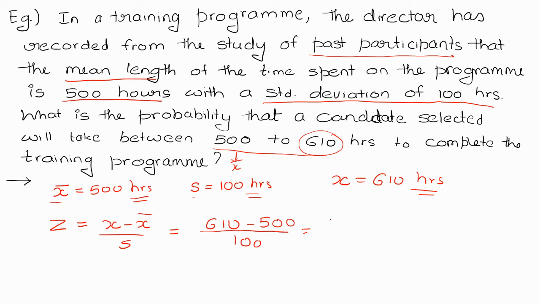So now this value is 110 upon 100, and this gives me 1.1, or 1.10 to be more precise. Okay, now I have found the z value. Now what does z mean? Z is the number of standard deviations.